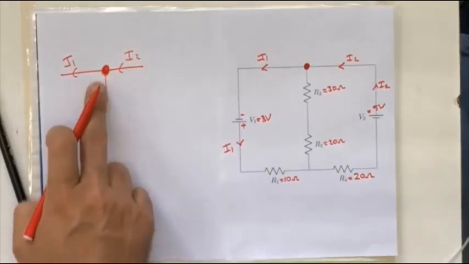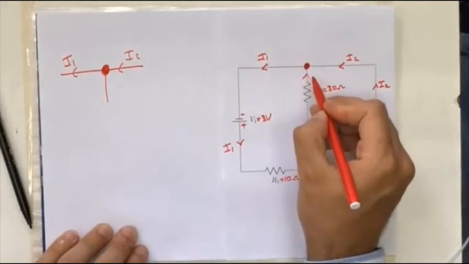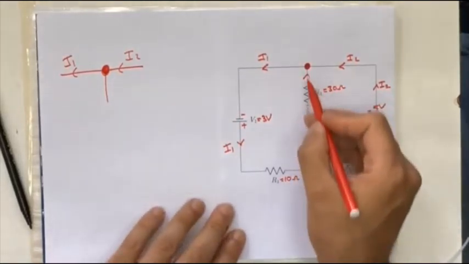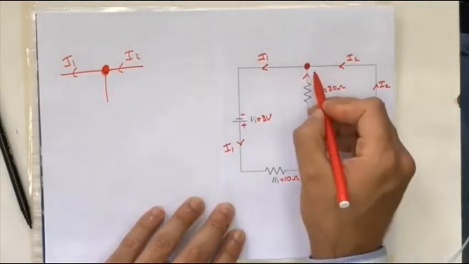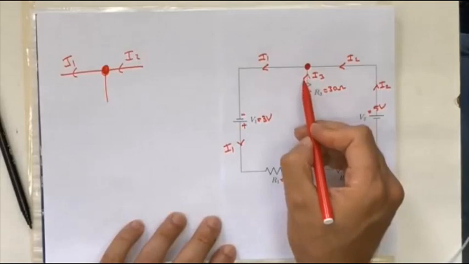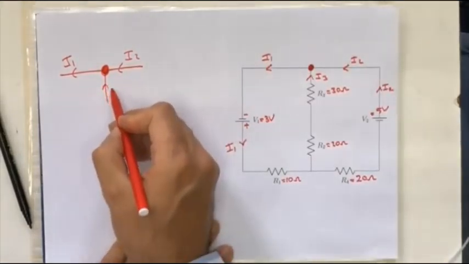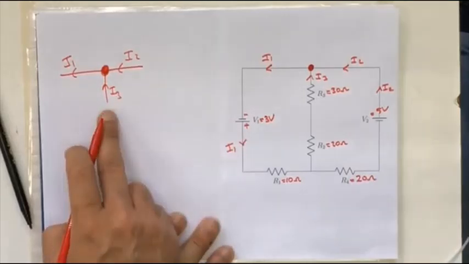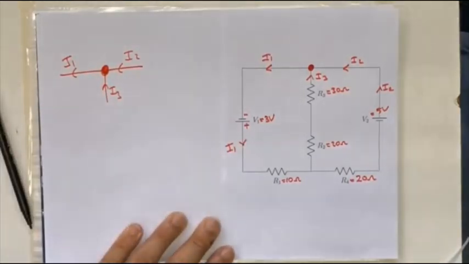Here we have another branch, and be careful, I randomly choose the direction because in this branch the current will be different. Let's say it will be I3, and the direction is in this way. So I3 is also entering this junction.